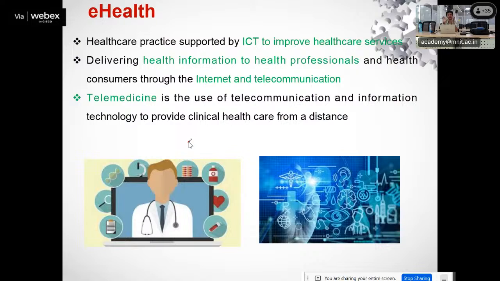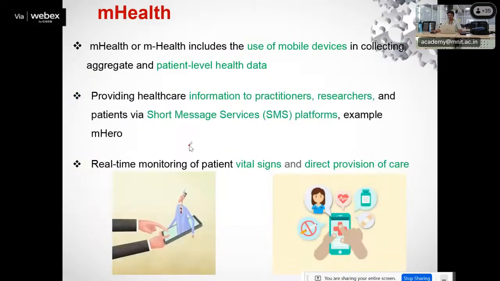So ICT in healthcare is nothing but my e-health component. Telemedicine is one of the great examples, where I can connect with the doctor. Maybe I am sitting at my home, I connect with the doctor and get some sort of tele-prescription so that I can start my preventive action as early as possible.